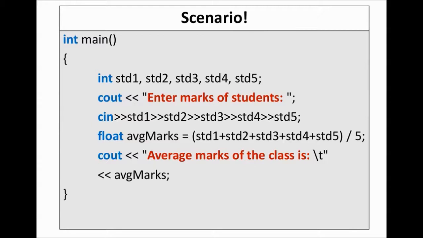We declare another variable, average marks, with the data type of float, and we add all these std1, std2, std3, std4 and std5 variables and divide it by 5, so we get the average marks of these students. Then we write cout average marks of the student and we print our marks on the screen.